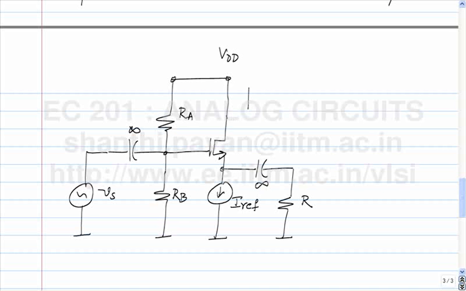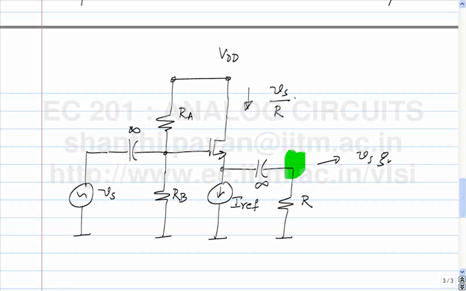If Gm tends to infinity, the incremental current is going to be Vs by R. If Gm is very large but doesn't tend to infinity, what do you think will be the current? This is nothing but the common drain. If I looked at the incremental output voltage here, for a finite Gm, what was the output voltage?